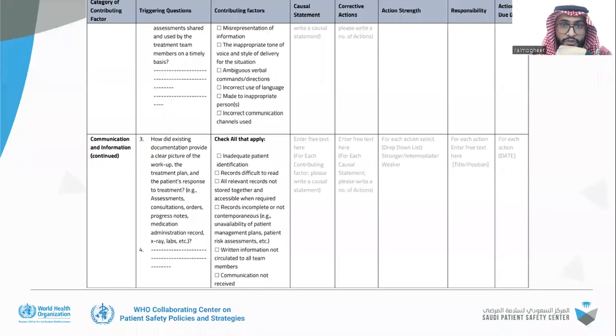Is it necessary to have multiple meetings, or is one meeting enough? I don't think that in a single meeting you can decide on what the root causes are and come up with corrective action plans.